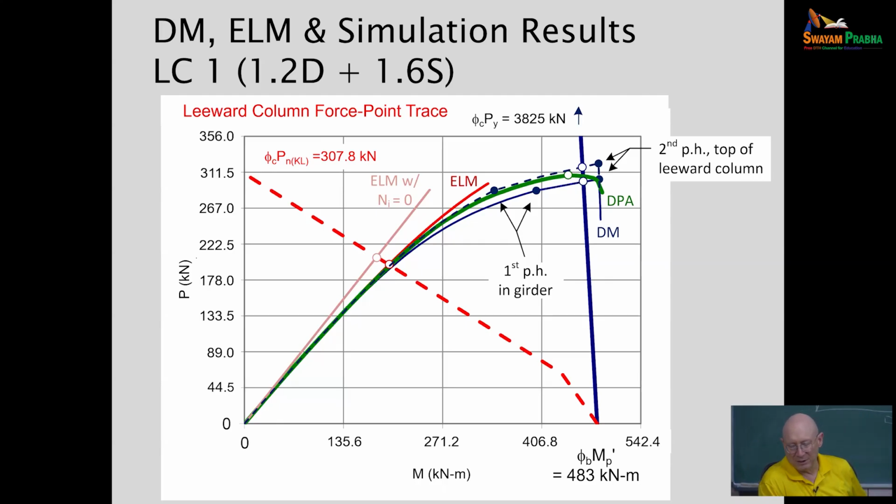And you can see the bold green curve. Okay, that's the plastic hinge model tracking pretty close to what we get from the distributed plasticity or plastic zone solution. So now to your question, what's going on with the effective length method?